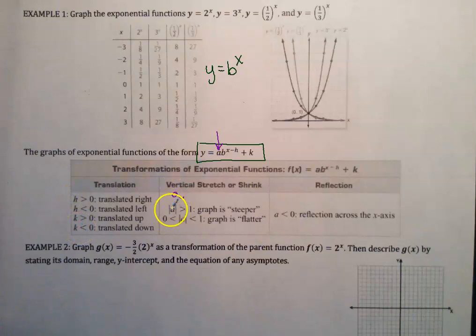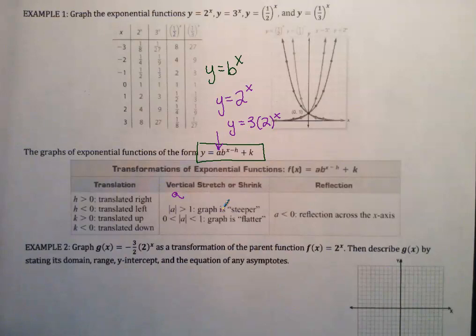When the absolute value of a is greater than 1, the graph is steeper than the parent. So if we take y equals 2 to the power of x and make it y equals 3 times 2 to the power of x, we're going to make our graph steeper.